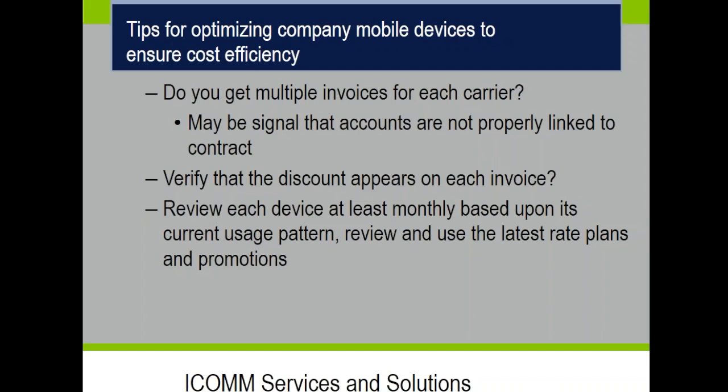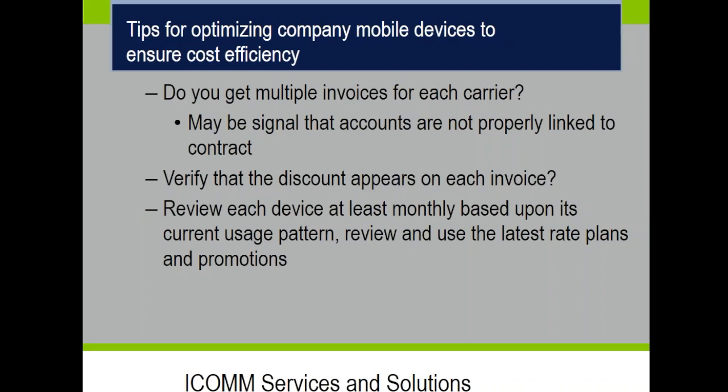Obviously, that data can be grabbed online and put into an extractable data format, but depending upon how you're doing that, make sure that's something you look at. There's no reason to have multiple accounts in the mobile world. In the wireline voice world, sometimes there's reasons why you'd need multiple invoices. Even if they're being paid for by different groups within your organization, there are ways to get that worked out. And so there's some efficiencies there.